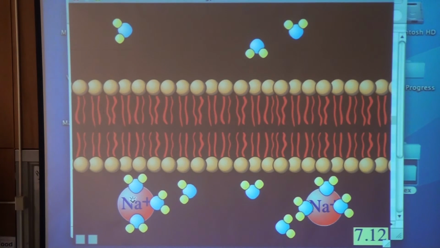And that principle is called osmosis, spontaneous movement of water across a selectively permeable membrane, which just means water can get across, but solutes can't. And the water will always go towards whichever side has the highest total solute concentration. And the sound bite that I remember for osmosis is this: water follows solutes. Wherever there's more solutes, that's where the water is going to go.